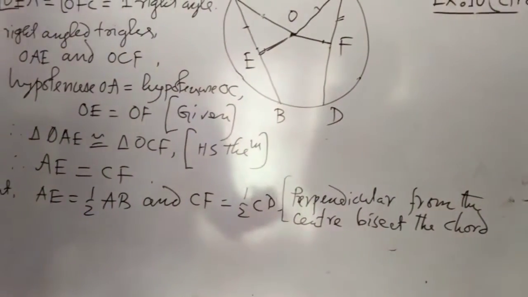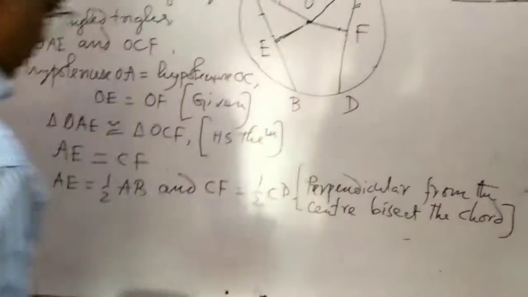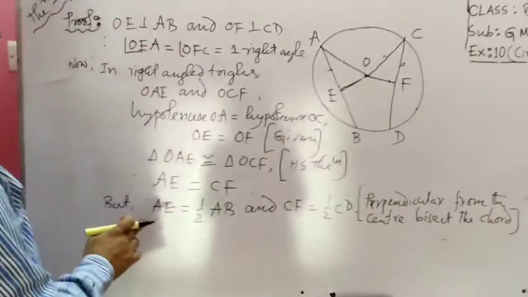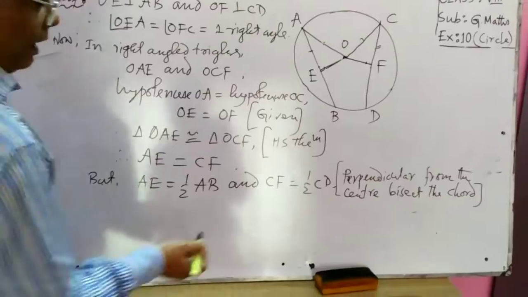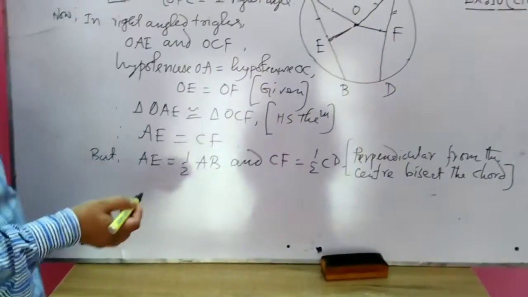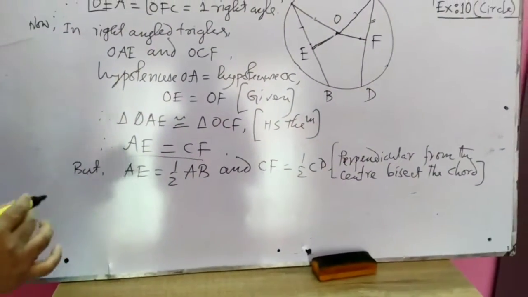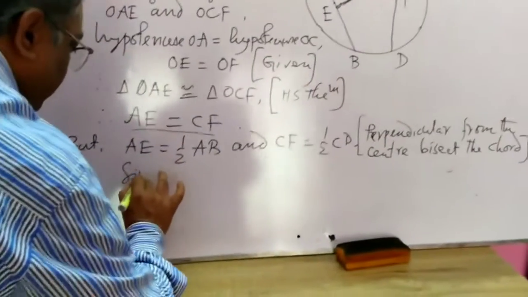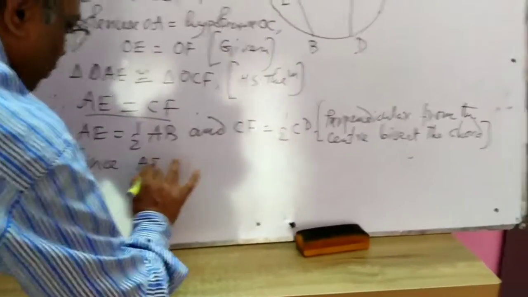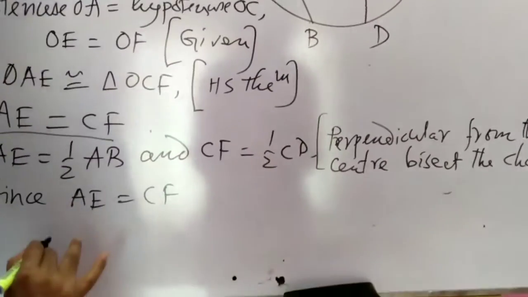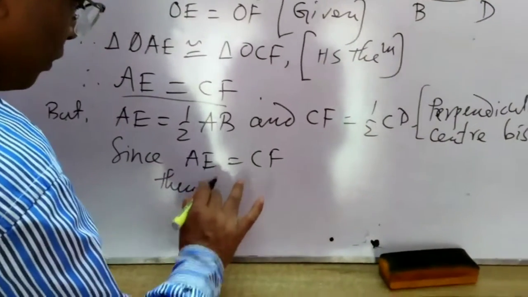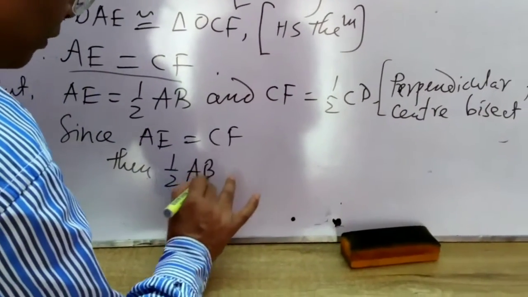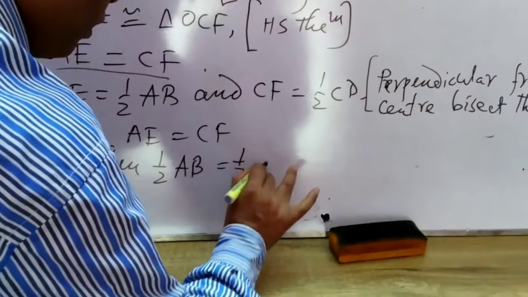So here AE equals half AB and CF equals half CD, but AE equals CF, since AE equals CF, then half AB equals half CD.